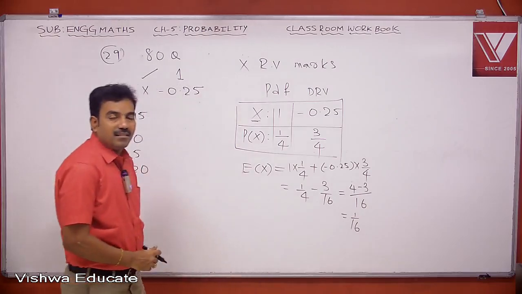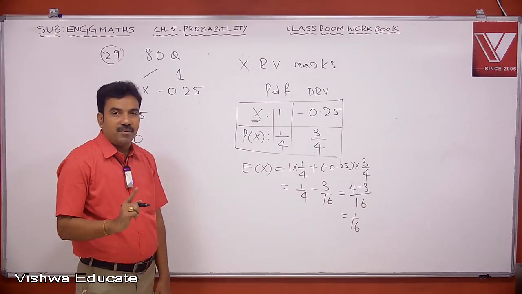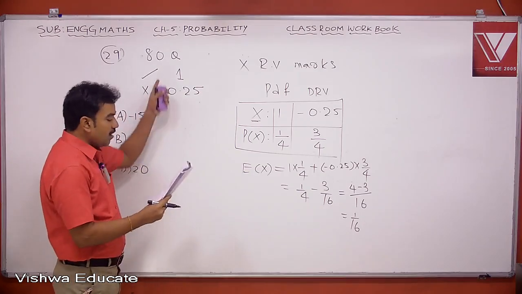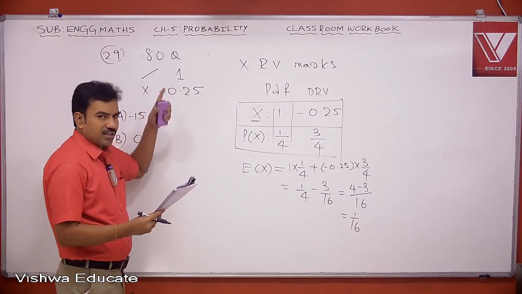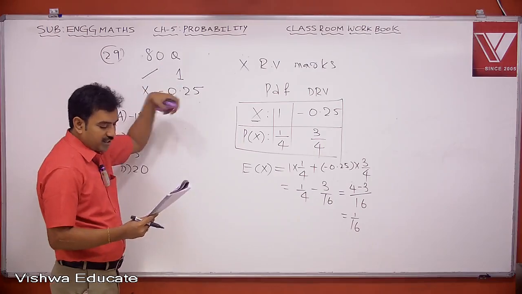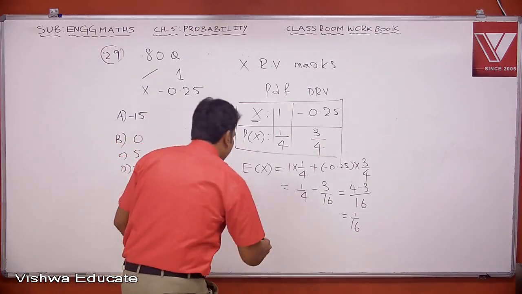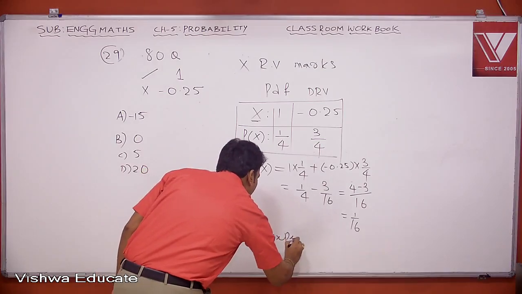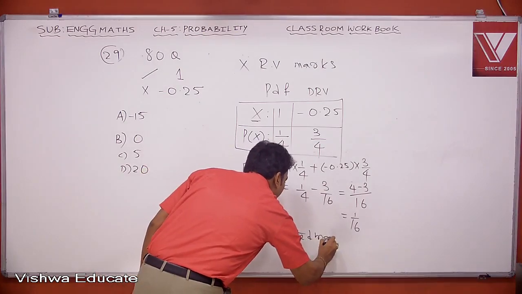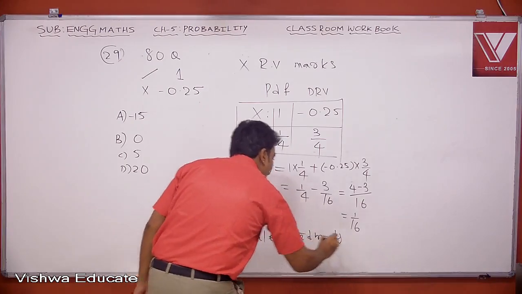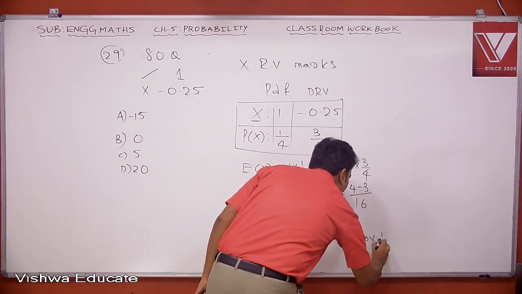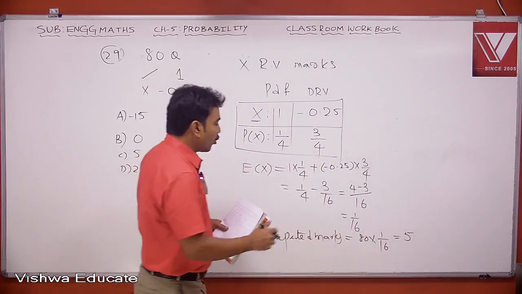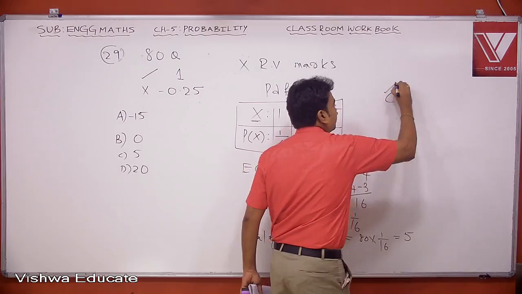But this is the expected marks for attempting a single question by a single student. But how many questions were there? 80 questions. Of course, it is one student only, but the number of questions is 80. Therefore, the total expected marks equal 80 into 1 by 16, and this value is 5. Therefore, option C is the right answer.